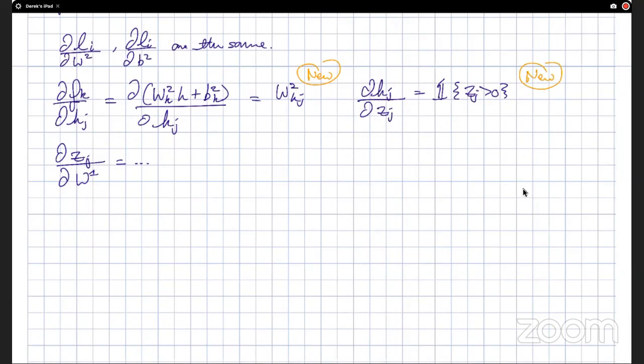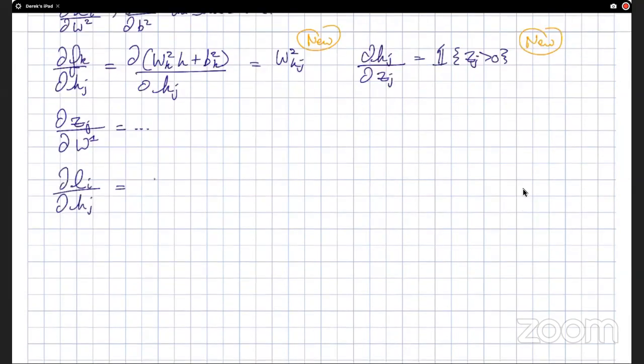What is this? This is going to be dLi over dfk times dfk over dhj. Okay. But now k is free. And so if k is free, I need to sum over them.